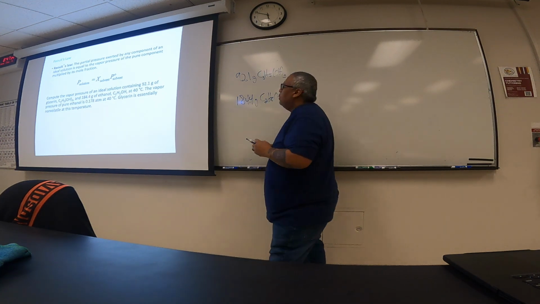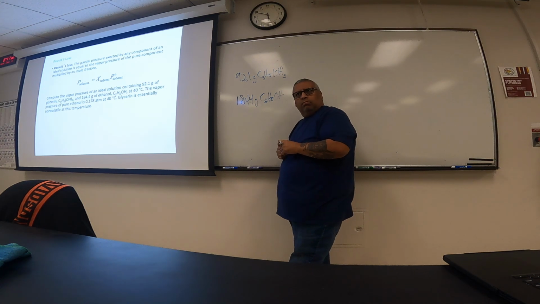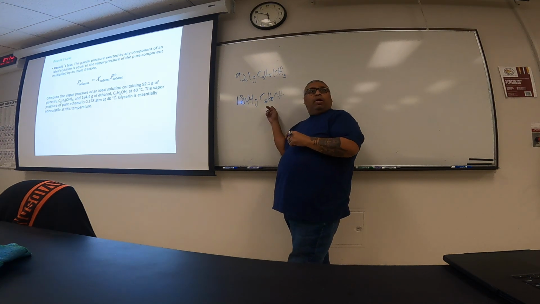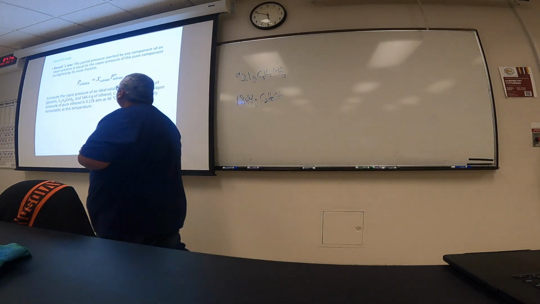So just first off, which one is a solute, which one is a solvent? Bottom one, solvent, right? Because this is the larger one. So this is our solvent, and this is our solute.